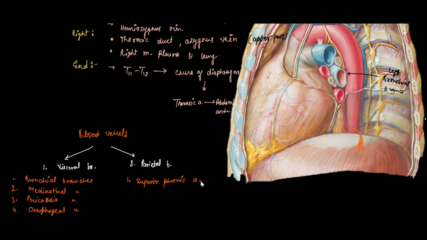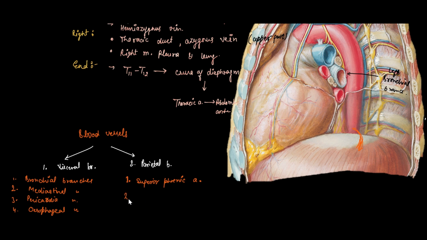You will have to remember this anastomosis, but it is not clearly visible in this picture, and you just have to remember this thing. Okay, the anastomoses are very important anatomical points which we should remember by heart. So the first one was the superior phrenic artery, which anastomoses with the pericardiophrenic and musculophrenic and also the posterior intercostal arteries.